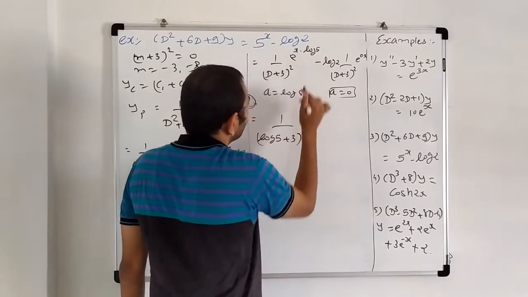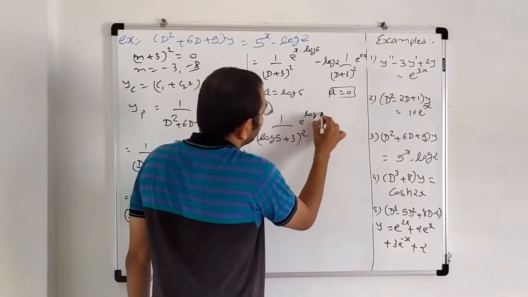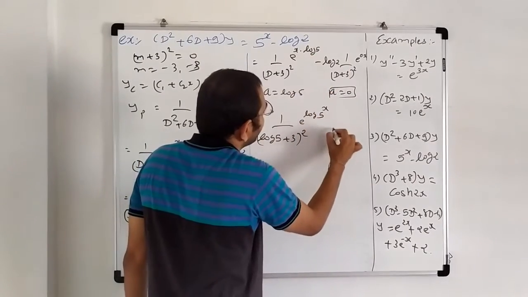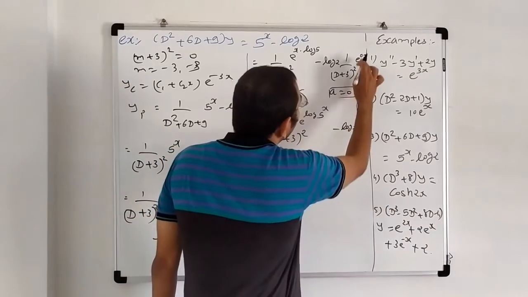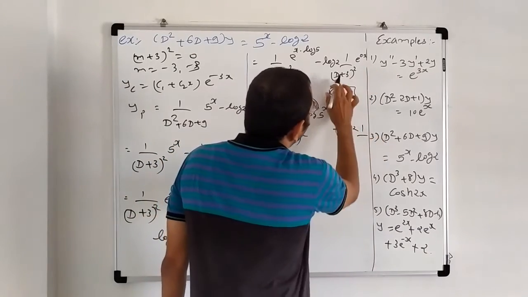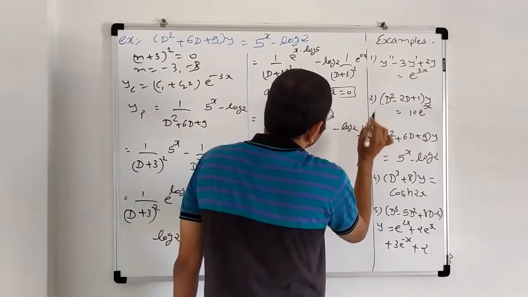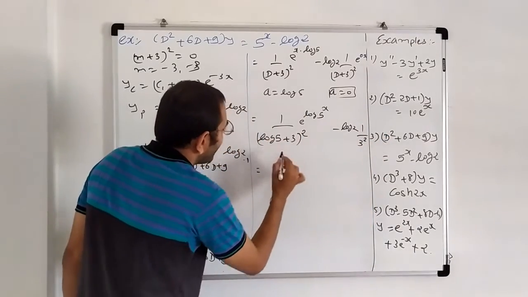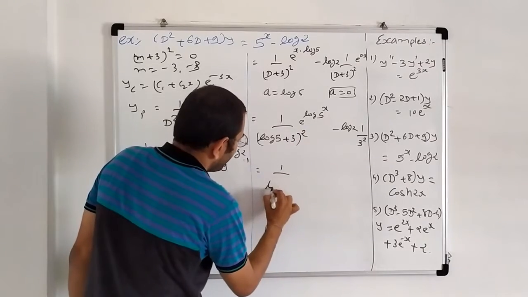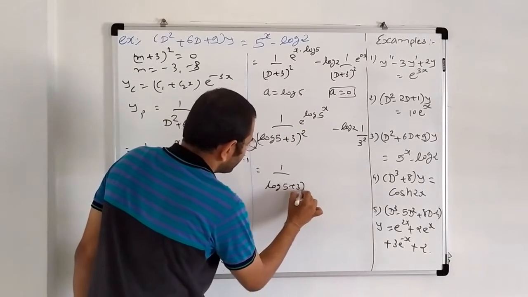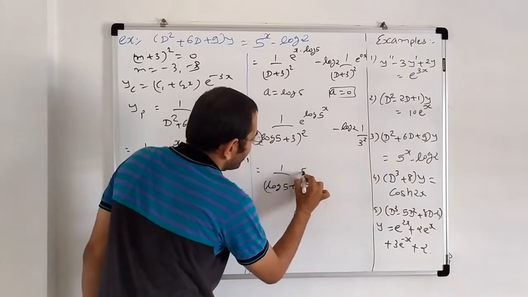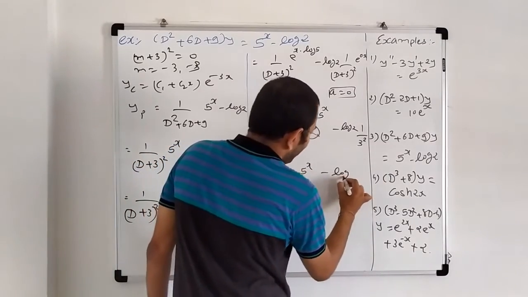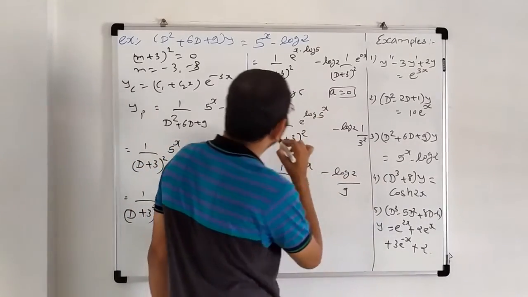Again we write e raised to log 5 raised to x above, and here minus log 2, replace with 0, then we get (0 plus 3) whole square, e raised to 0 is 1, then 3 square. So we get 5 raised to x divided by (log 5 plus 3) whole square, minus log 2 by 9.